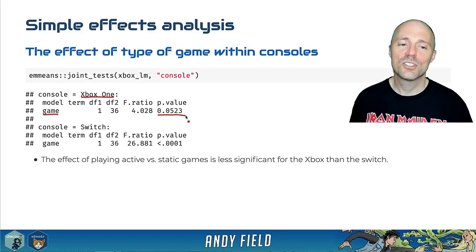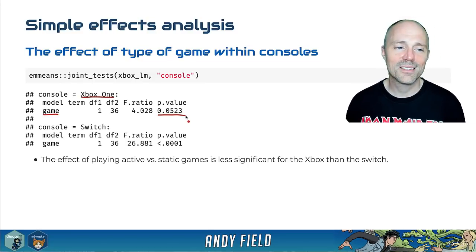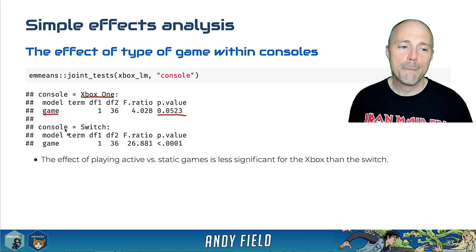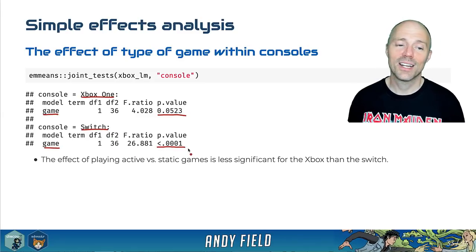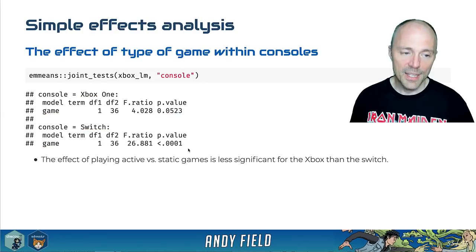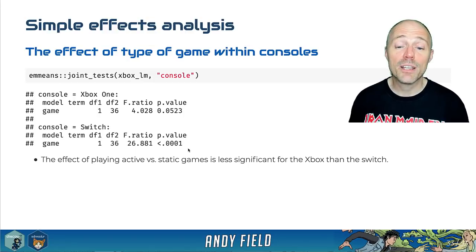That effect is just about non-significant, although, you know, it's close. And this is the effect of game when the console is Switch, which is a bigger effect. It's a highly, highly, highly significant effect. So it seems like the effect of playing active versus static games is less significant for the Xbox than the Switch.